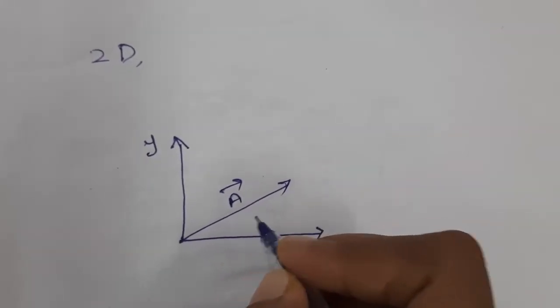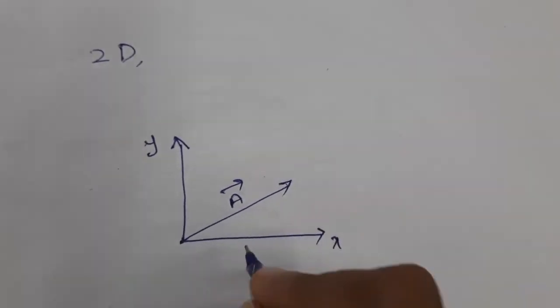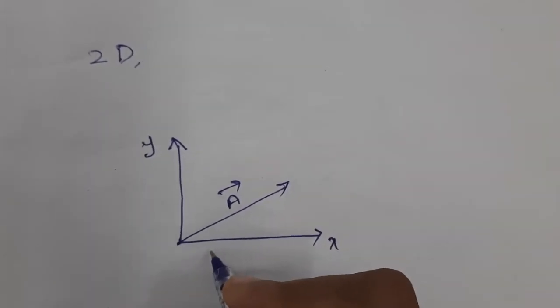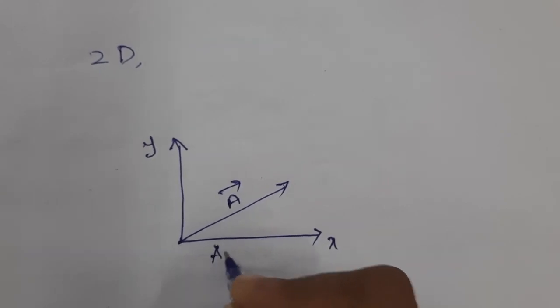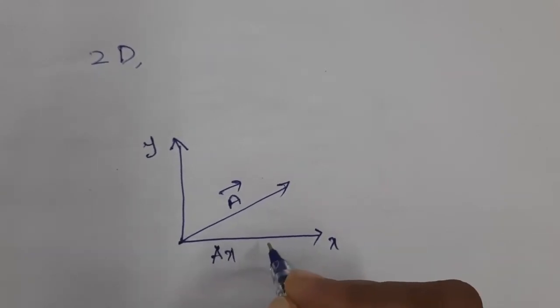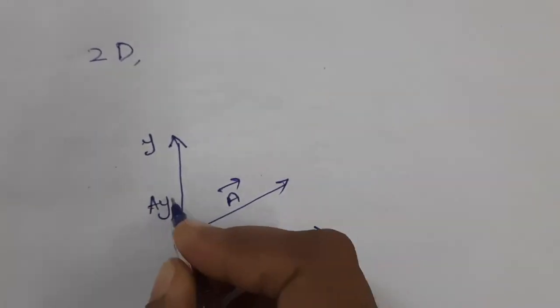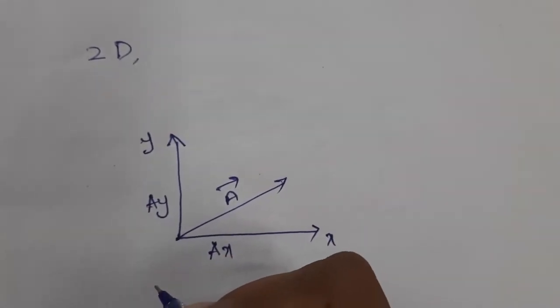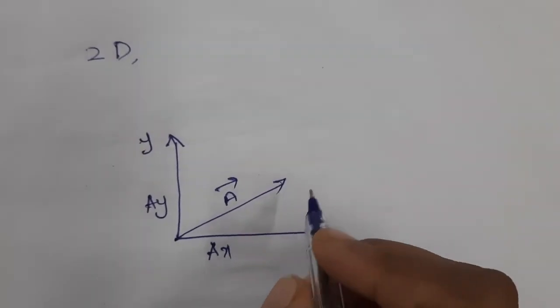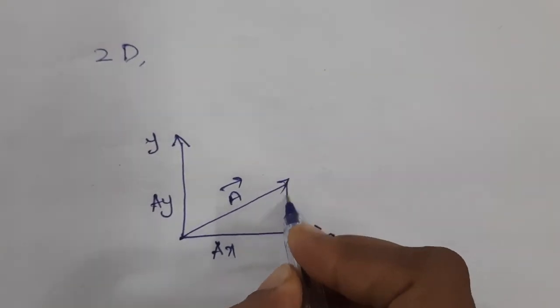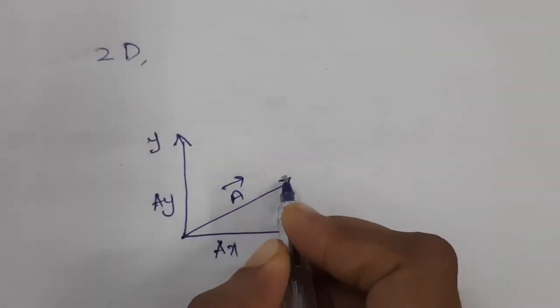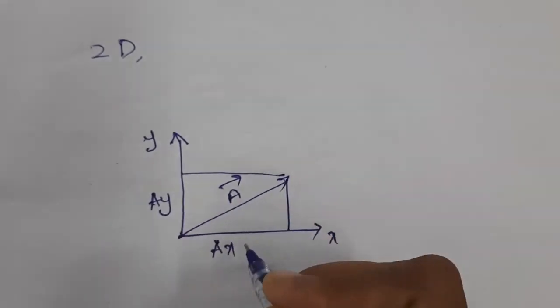This vector we can write in terms of Ax and Ay. Ax is the x component of A vector and Ay is the y component of A vector. It is obtained by drawing a line from this vector to the x-axis as well as to the y-axis.